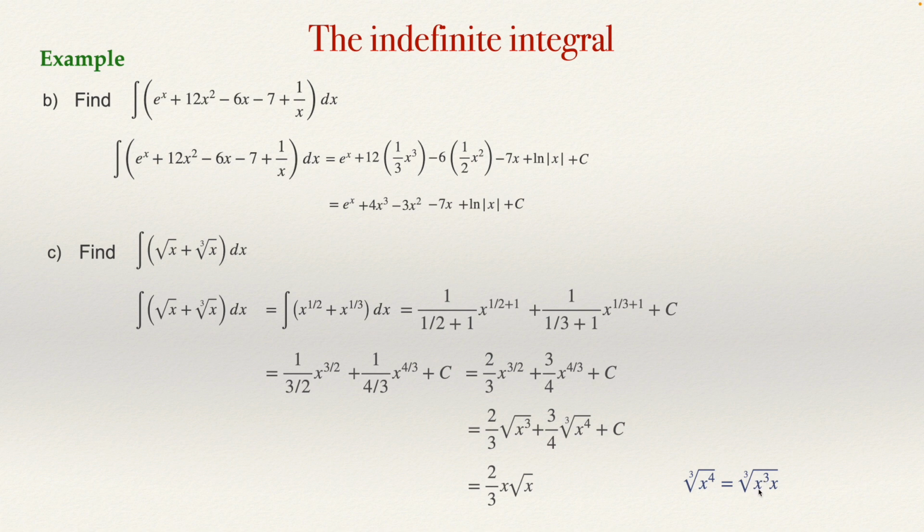The cubic root of x to the power 3 is x. So you can type an x outside, and the only x that is inside the root will be this. So it will be x cubic root of x. So you can write the answer as 3/4 of x cubic root of x plus c. And that is the most simplified form of this integral.